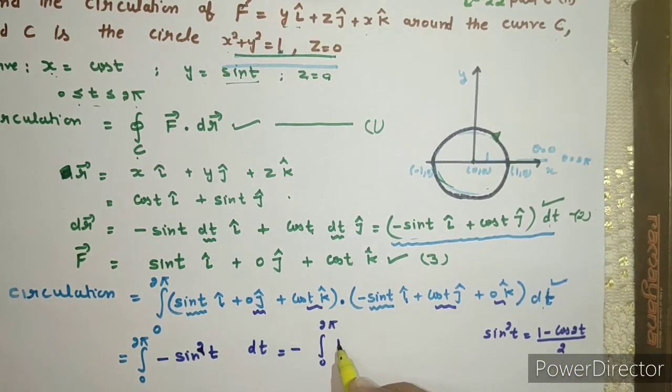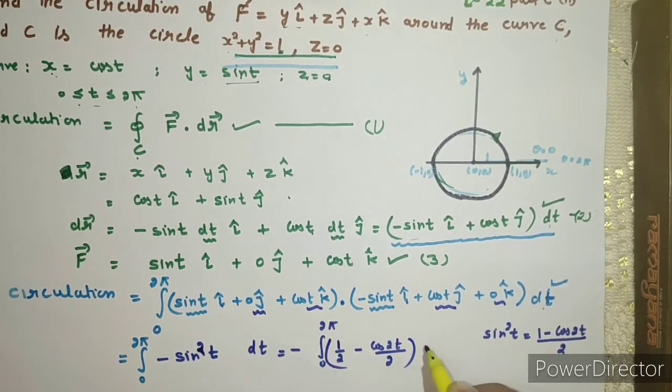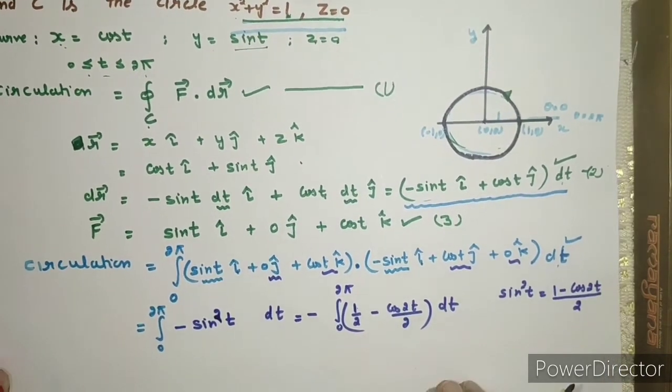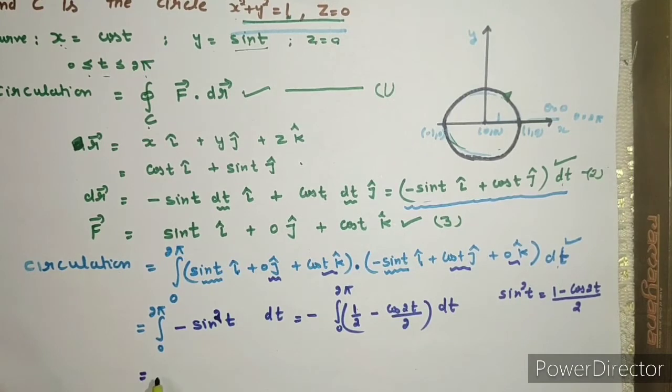So put this 1 by 2 here. This is minus cos of 2t by 2 and the integration is dt. The integration of 1 by 2 with respect to t gives me 1 by 2, minus 1 by 2 outside, 0 to 2 pi, this is dt.